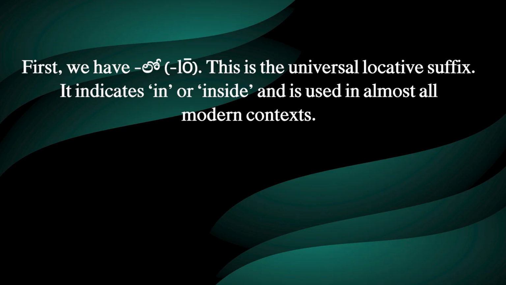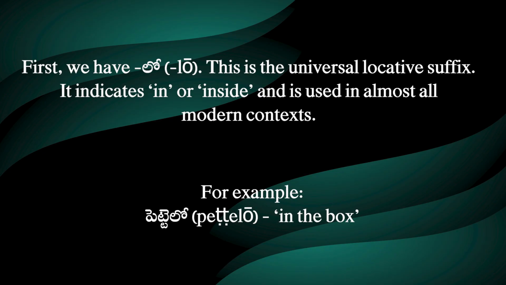There are two primary markers you must master. First, we have lo. This is the universal locative suffix. It indicates in or inside and is used in almost all modern contexts. For example, pettelo, in the box.